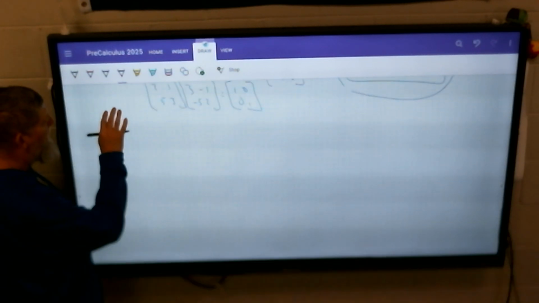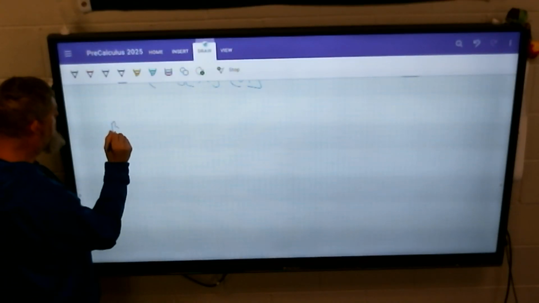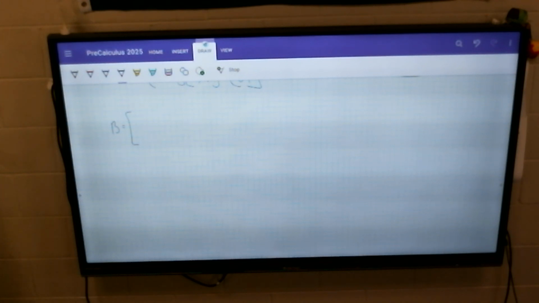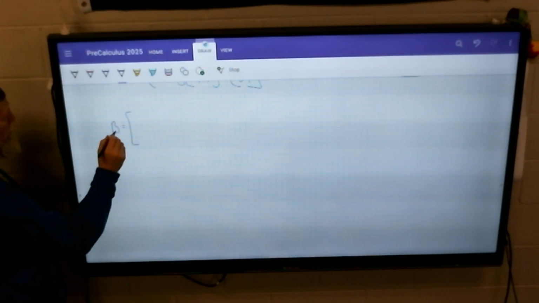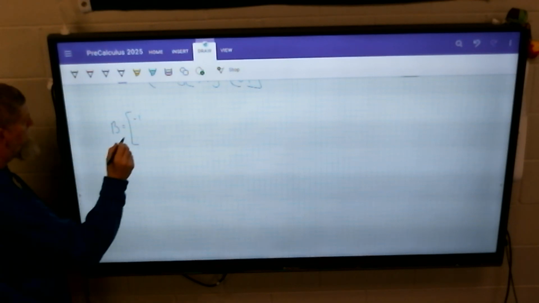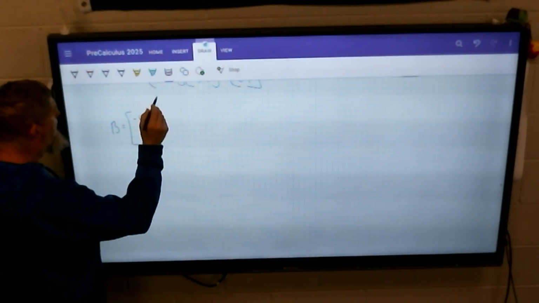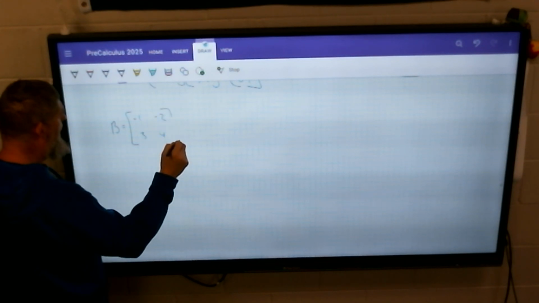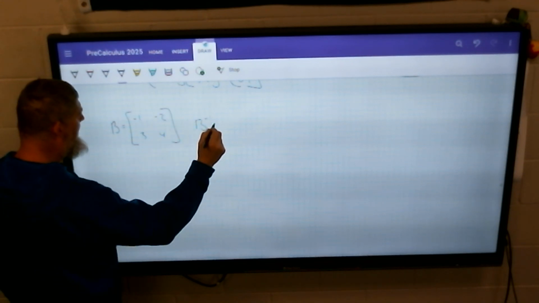Okay. Here's matrix B, which we're gonna give to you as negative 1, negative 2, 3, 4. And I want you to find the inverse.